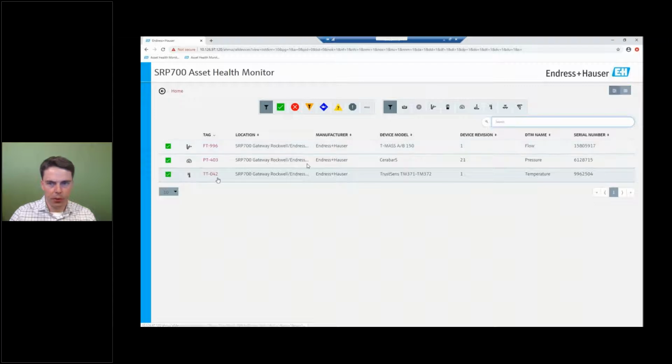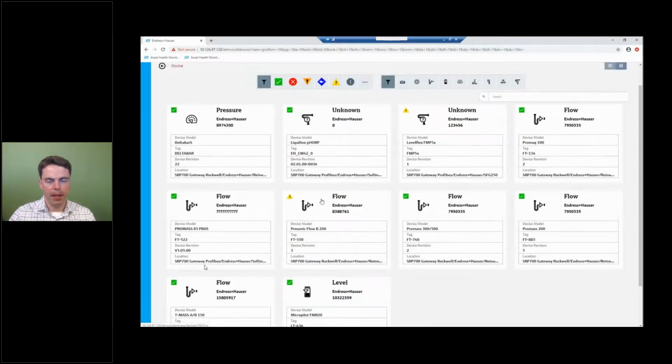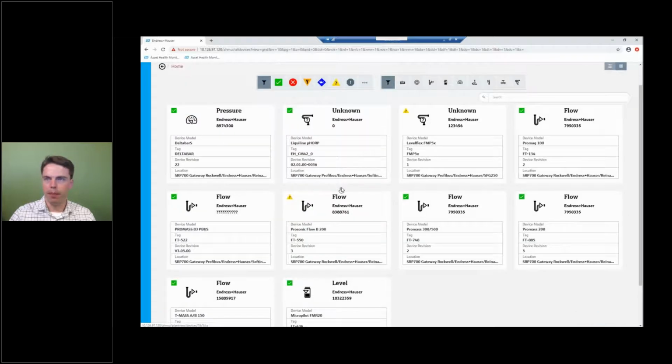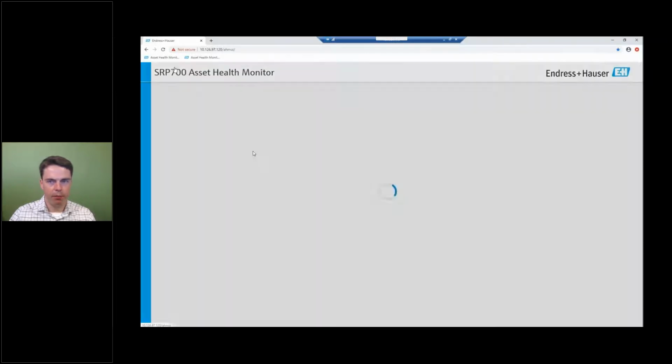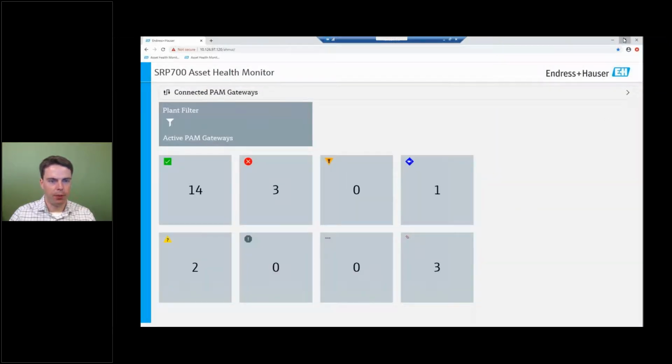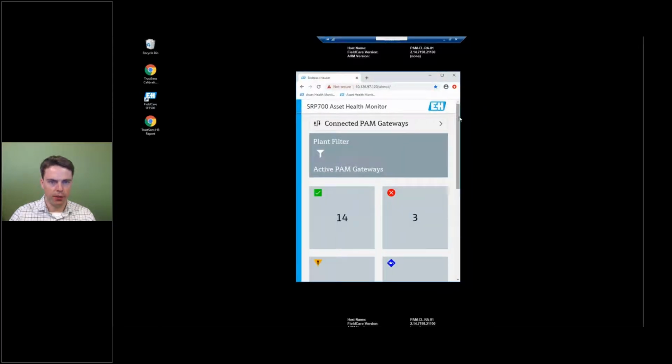If you don't like list views, you can also switch to label view like tiles. Then you see the same information just in a bit of different format. That might be interesting for, let's say, tablets. One thing that is important about the user interface, as I said before, is that this is responsive design. As you can see, it automatically adjusts to the screen size.